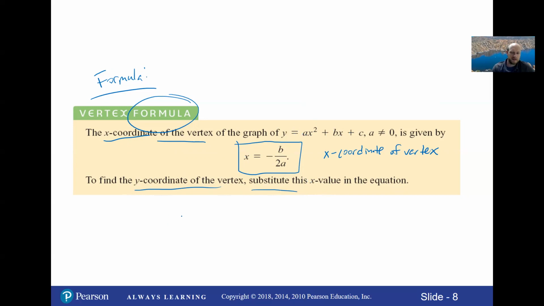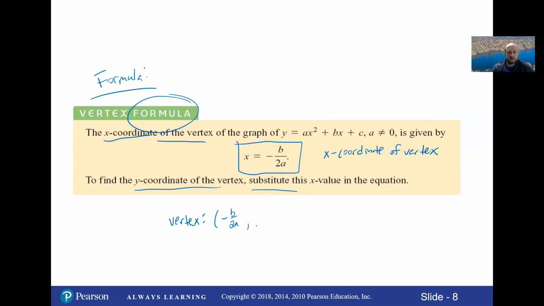So some people say, all right, I'm trying to find the vertex of our parabola, just given the formula for it, not even graphing it. I'm given the equation of the parabola or the quadratic, and I want to know what the vertex is. Well, I'm just going to find it by doing -b/2a.